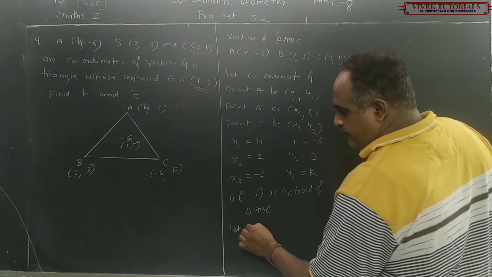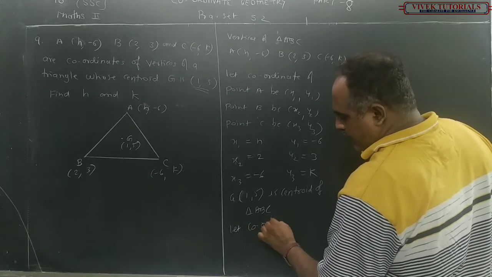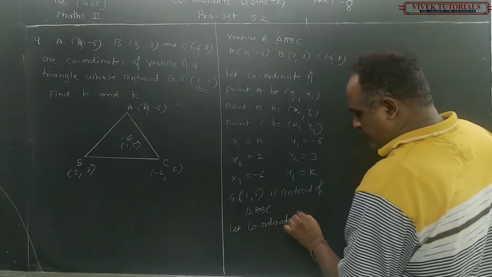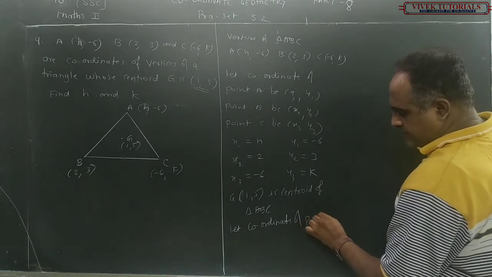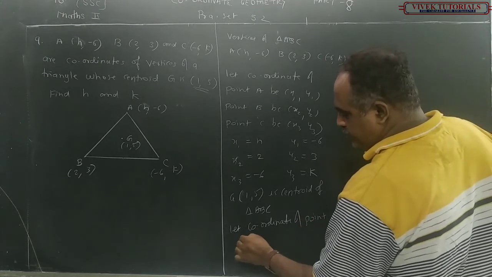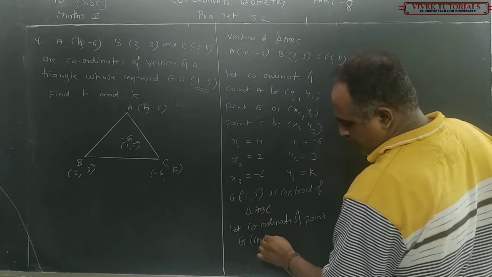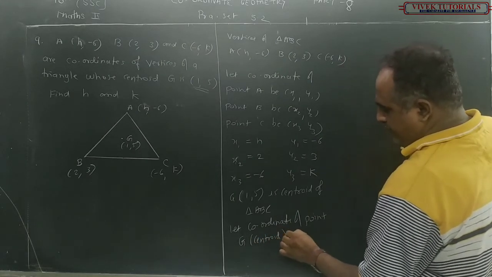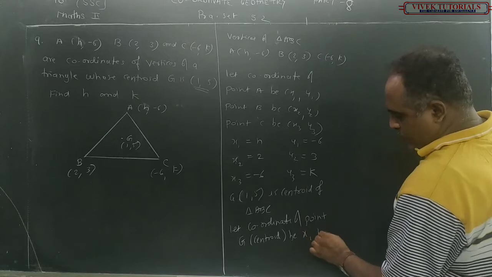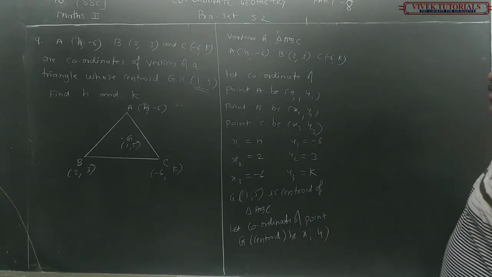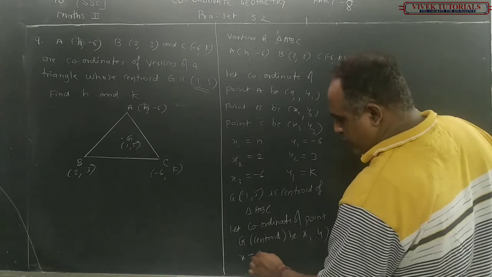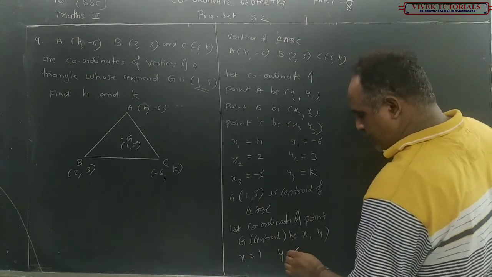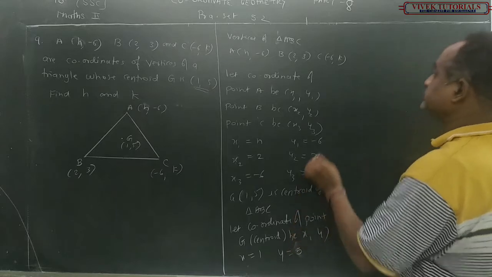Let the coordinates of point G, the centroid, be (x, y). So x is equal to 1 and y is equal to 5.